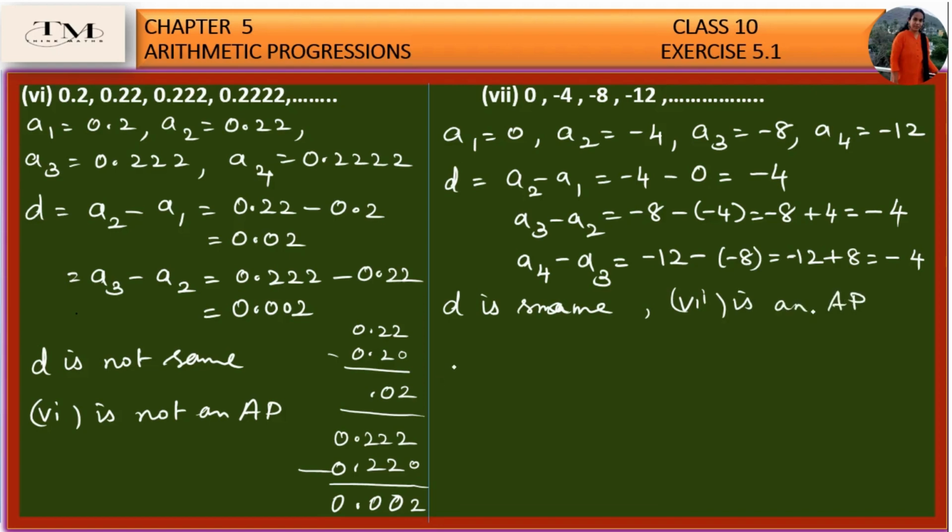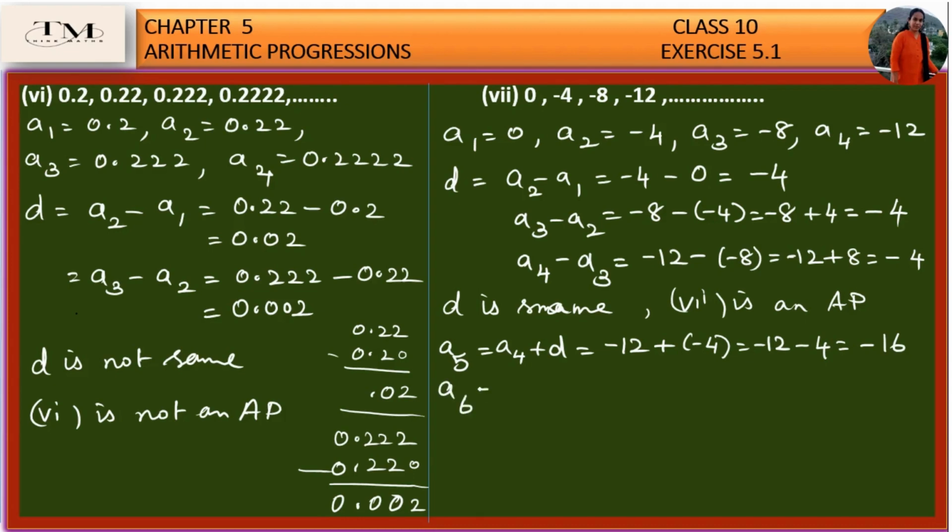So we have to find the next three terms. A5 is previous term plus D. What is A4? It is minus 12 plus D is minus 4. So minus 12 plus into minus, minus 4. If the sign is same, put that sign and you have to add 12 plus 4, it is 16.